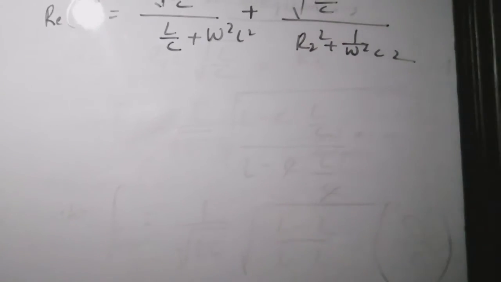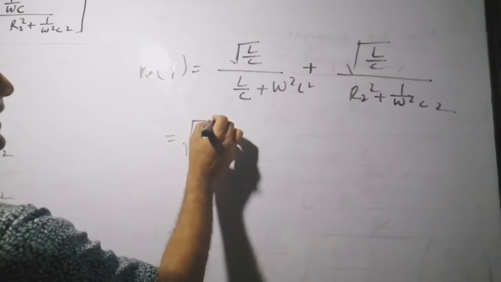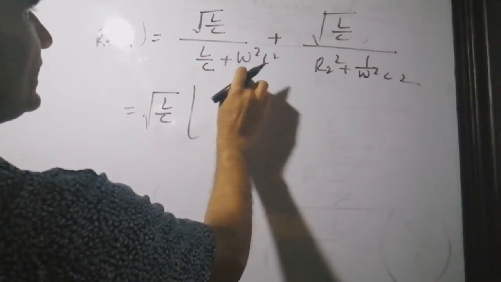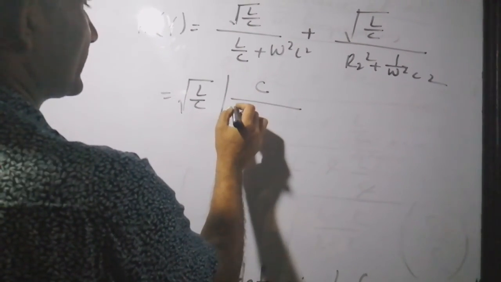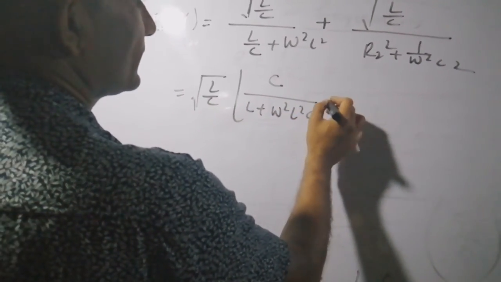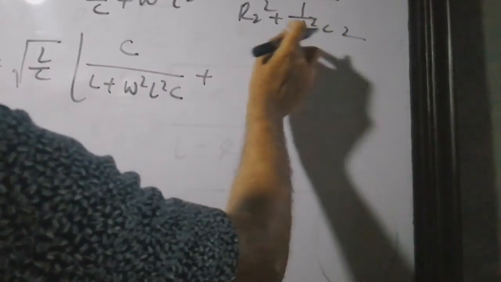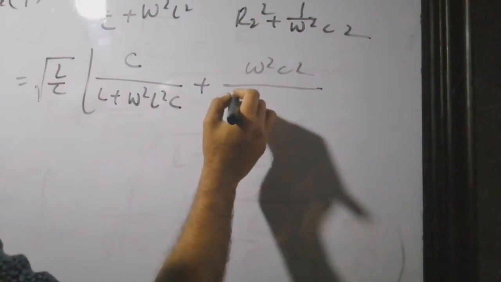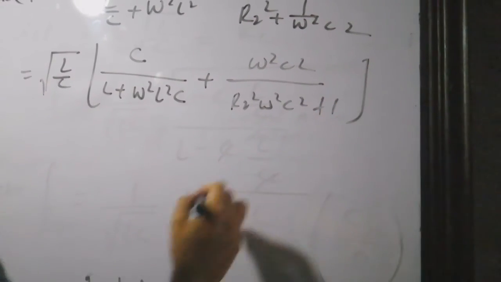Now we have to simplify this as usual, and so this is root L by C, I can take L by C common directly, and so here I get C as our LCM, and so this C goes up, and so this C here, and I can write L plus omega square L square C, plus likewise I have taken the common here, so the LCM will be omega square C square, and I got here R square omega square C square plus 1.